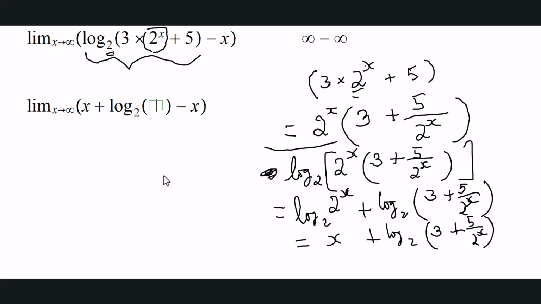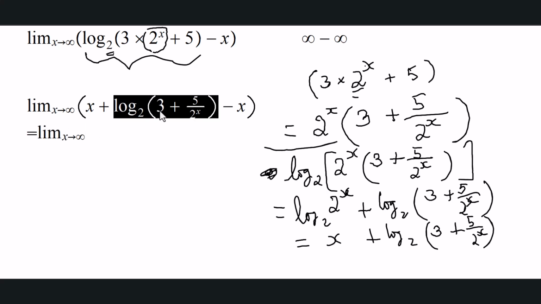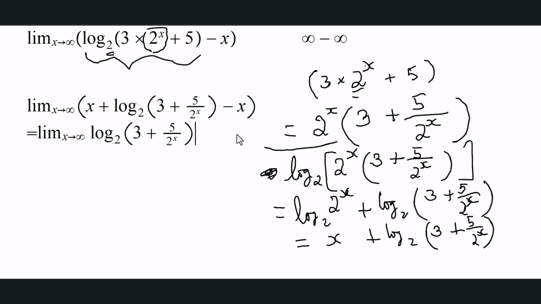That will be x plus log with base 2 of 3 plus 5 over 2 to the power x, right? Then these two quantities cancel, so this simply becomes log of this quantity.